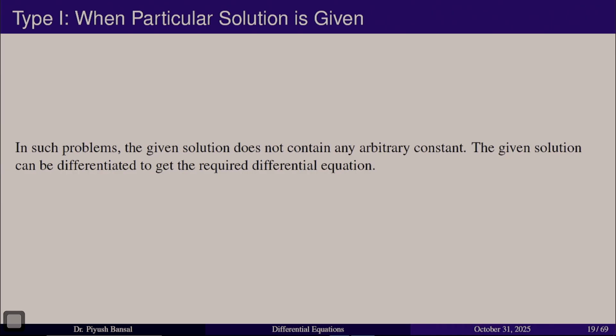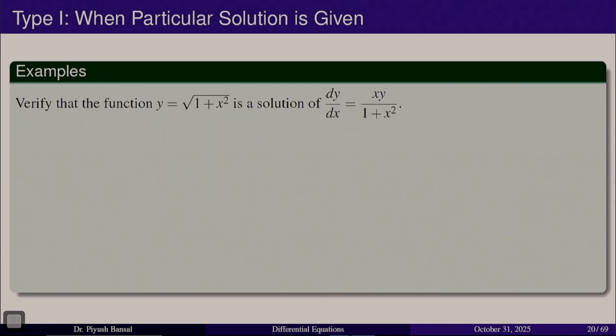As for example, the function y equal root of 1 plus x square is a solution of dy by dx equal xy over 1 plus x square. The basic idea over here is just to differentiate the given function y equal root of 1 plus x square and get this differential equation.